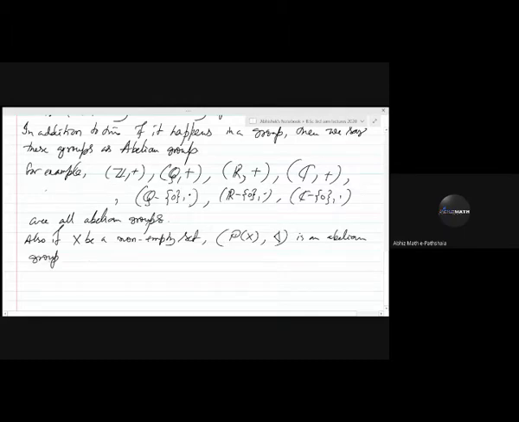As for any two sets, A triangle B equals B triangle A. That is why it is called symmetric difference, so this difference is satisfying symmetry.